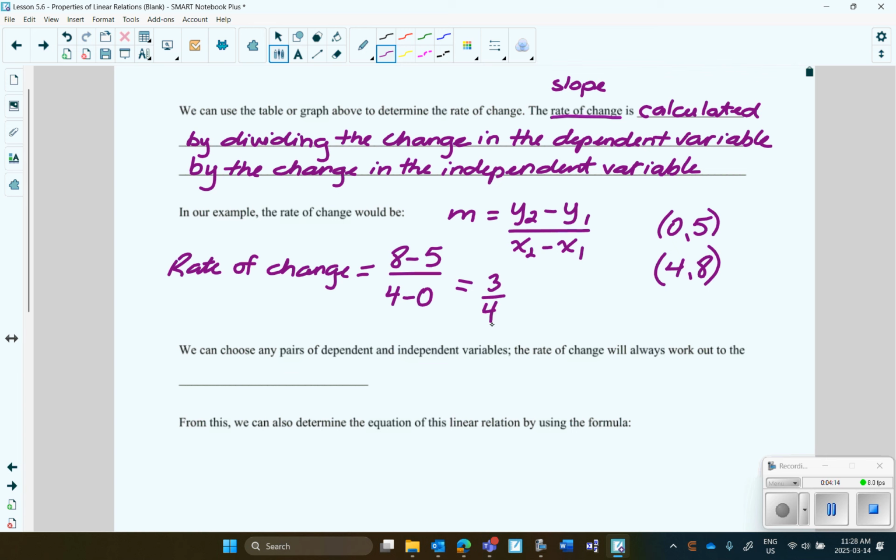Now, when we were talking about slope, we would leave it as a fraction. But we're talking about an actual situation here. So when we have these things, we actually want to go to decimal. So you would want to convert this to 0.75 because there are units. What are the units? Well, the units are the dependent variable per independent.